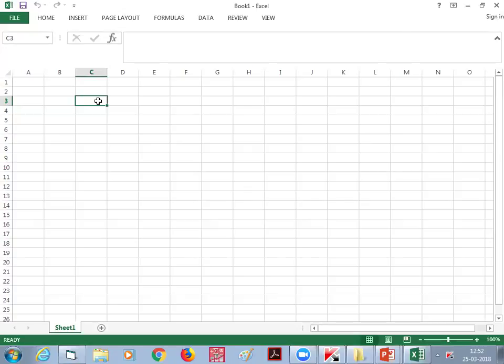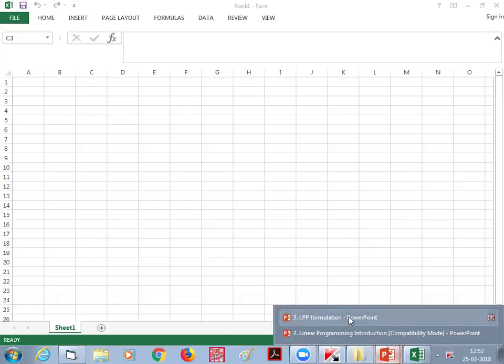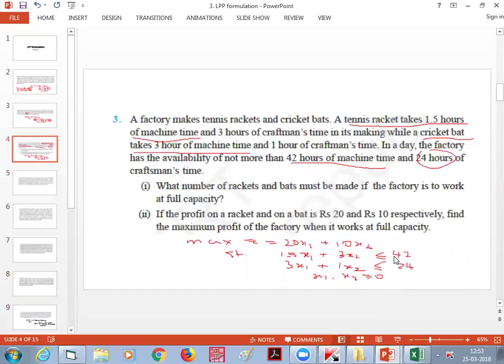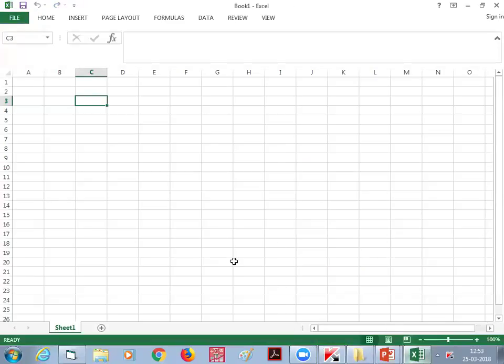It's much easier to modify things and do whatever what-if analysis in Excel rather than in Torah. So my opinion is Excel is a better tool. Since we're solving that tennis problem, this is our problem. Where did it go? Here. So we're maximizing the total profit contribution.